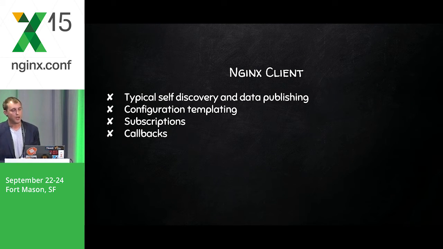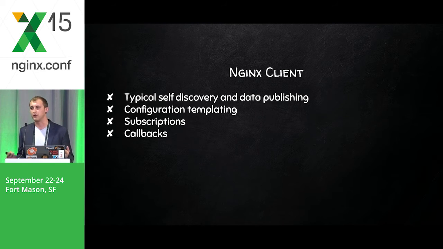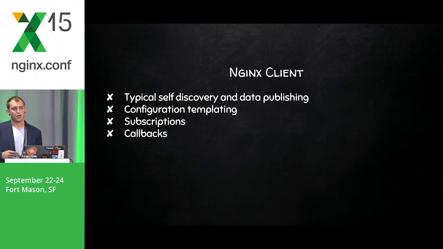The NGINX will register callbacks around all of these different parent or child nodes that they're subscribed to, and that callback is going to work appropriately to reconfigure its configuration. And this right here is our dynamic load balancing.